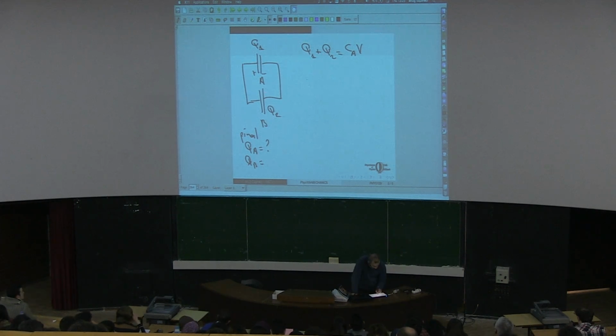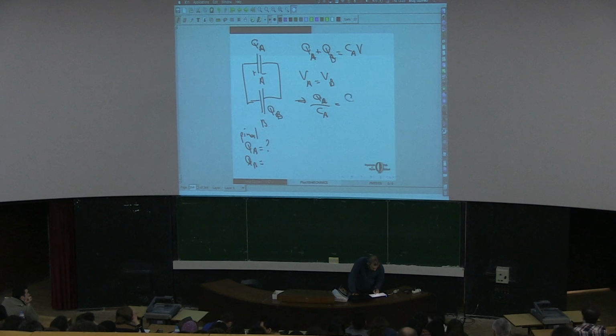Furthermore, we know that VA should be equal to VB. The potential difference across the A capacitor should be equal to the potential difference across the B capacitor. But this tells me that Qa over Ca should be equal to Qb over Cb.